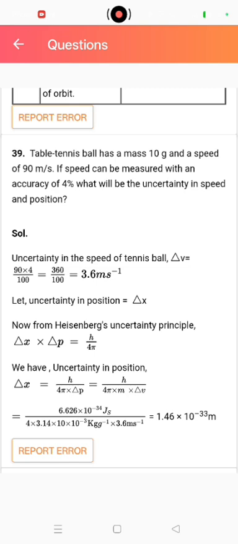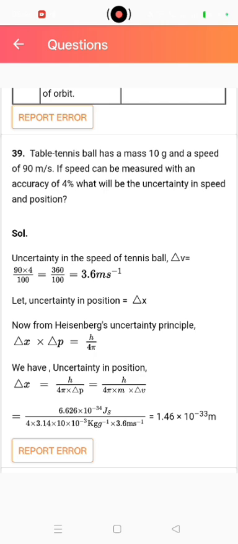A table tennis ball has a mass of 10 gram and a speed of 90 meter per second. If speed can be measured with an accuracy of 4%, what will be the uncertainty in speed and position? See, delta x into delta p is equal to h by 4 pi. That is the Heisenberg uncertainty principle.